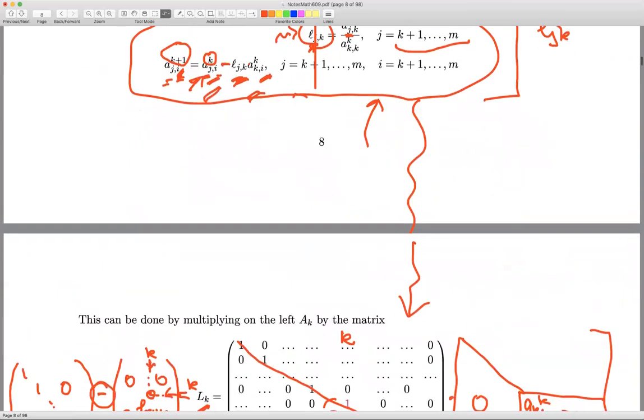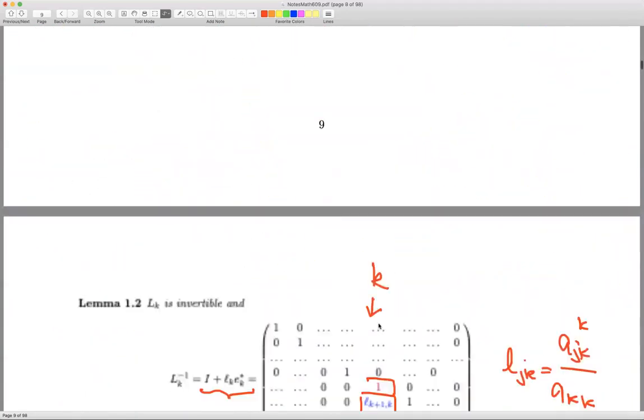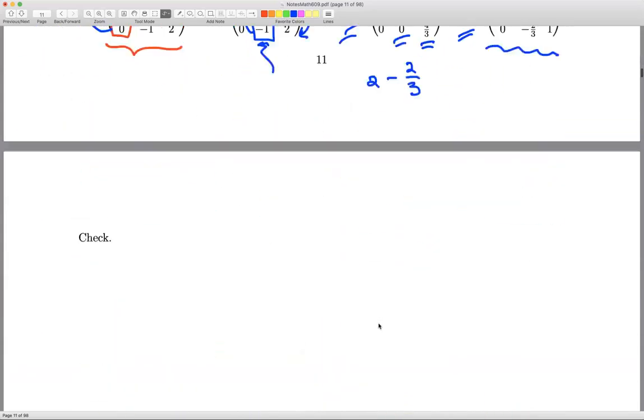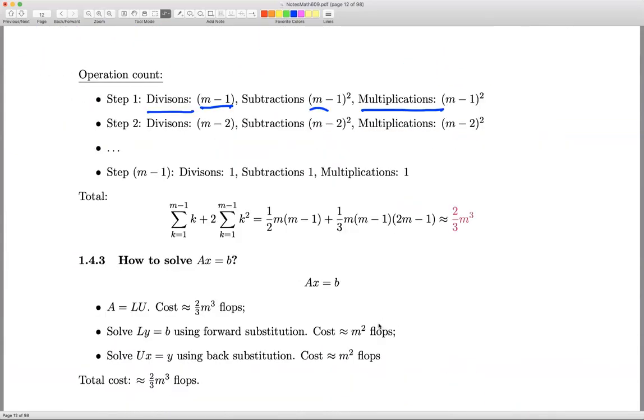And therefore, if we go back to where our operation count was, we discussed the subtractions and the multiplications, and we also see that every step is exactly a repetition of the previous step, with the only difference that the dimension of the computational problem is diminished by 1.